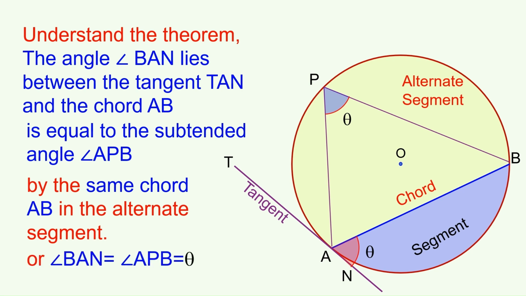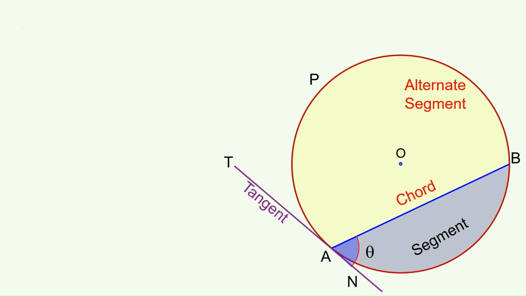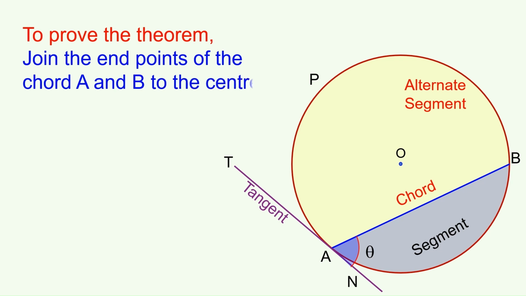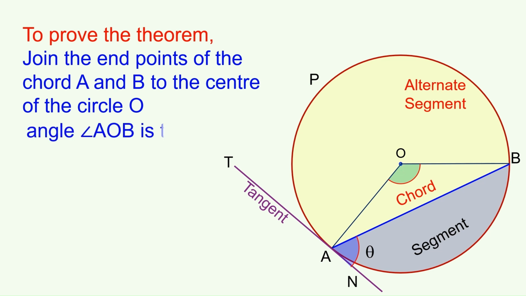Or, the angle BAN equals the angle APB equals theta. To prove the theorem, join the endpoints of the chord A and B to the center of the circle O. Angle AOB is the central angle.